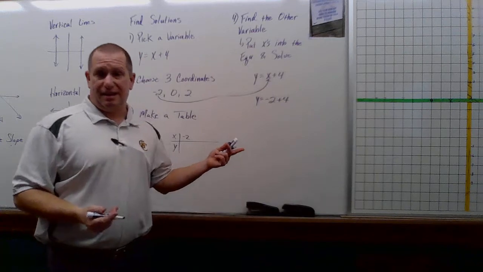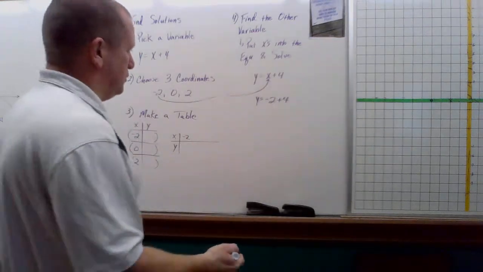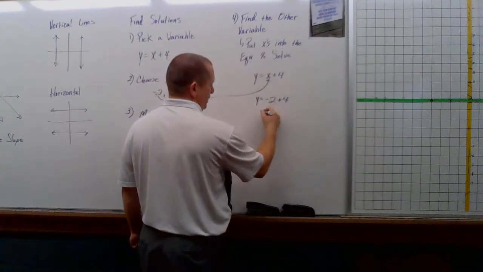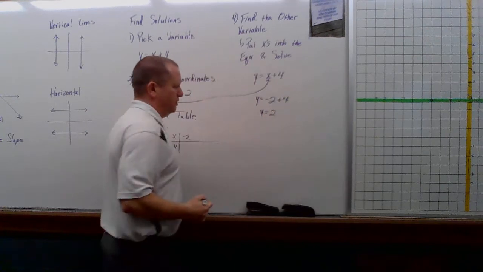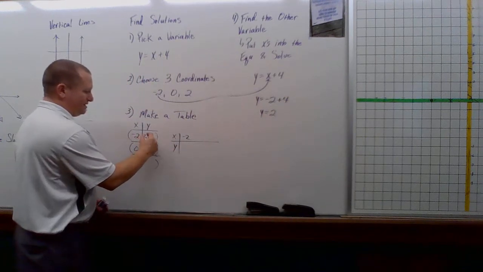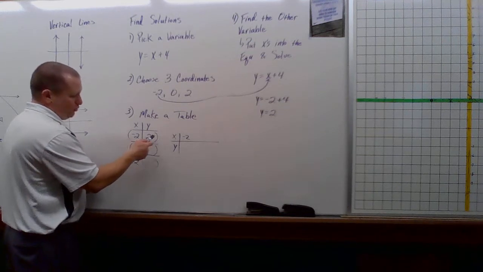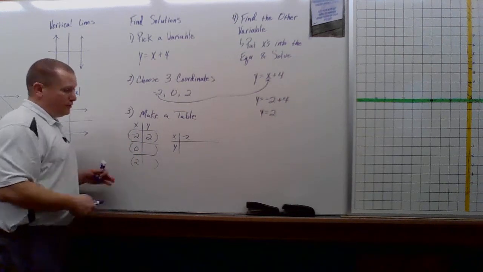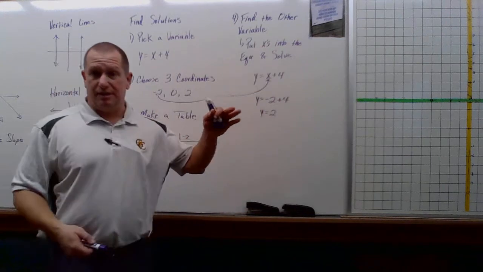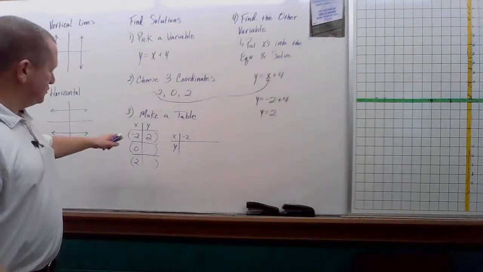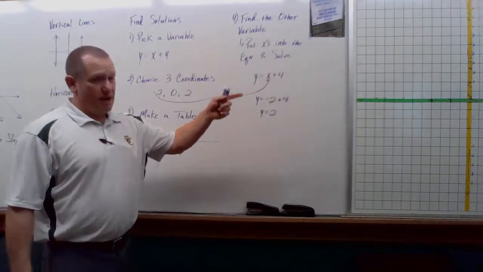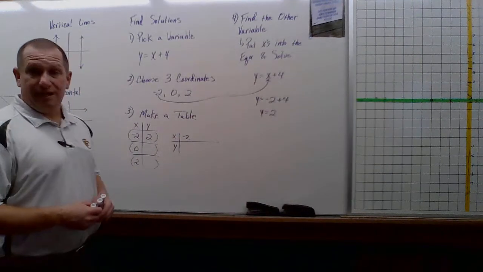And then I just look at it and I decide what the answer is. So I ask myself, what's -2 plus 4? And y is equal to 2. So that goes back into my table. And realistically now, I have an ordered pair. And from here, from my table, in the end of this section, we would take each one of these and we would plot them on our coordinate plane, and then we'd get a line.